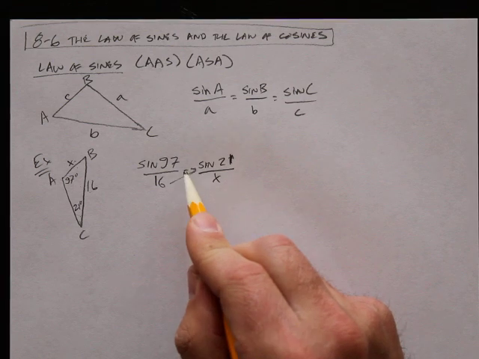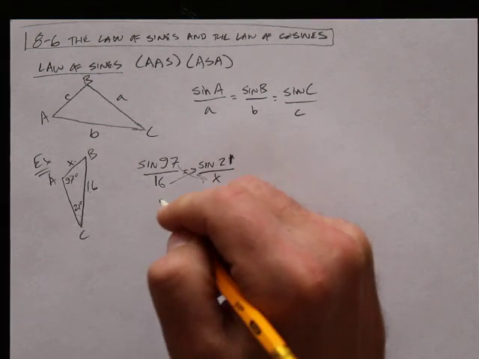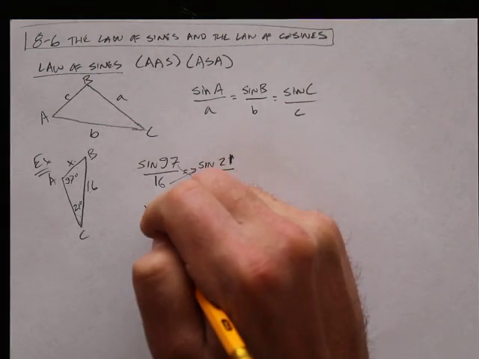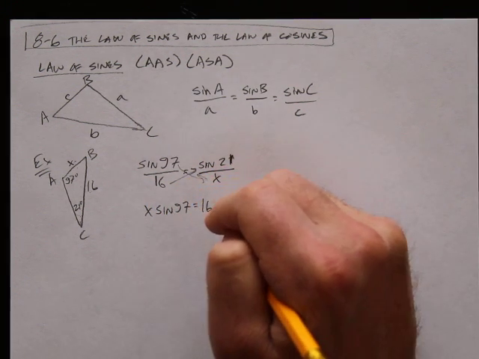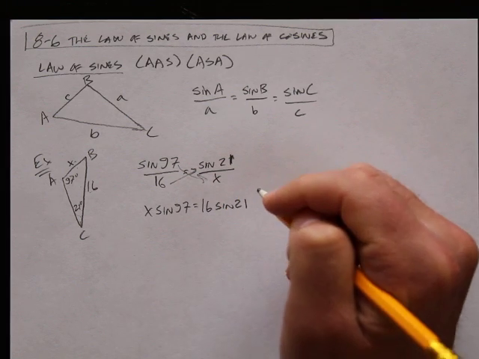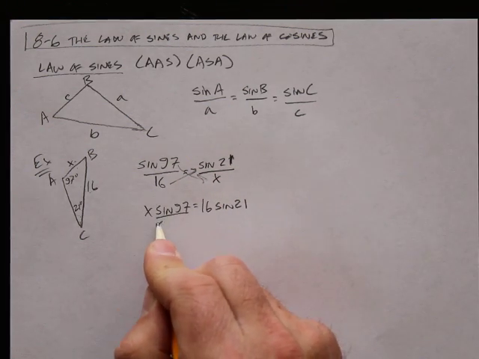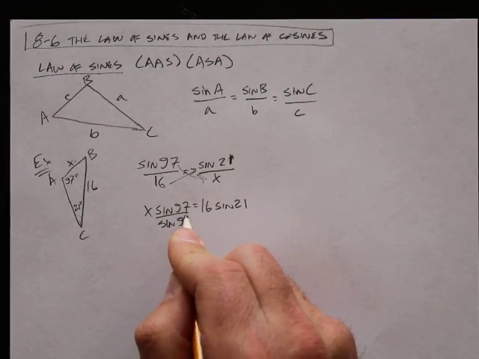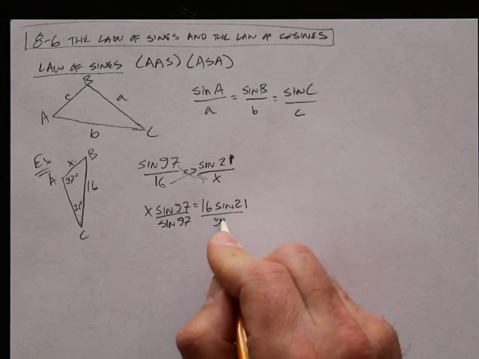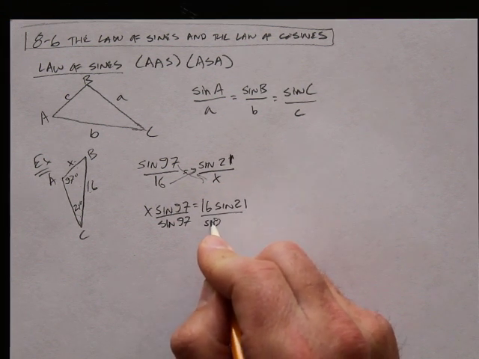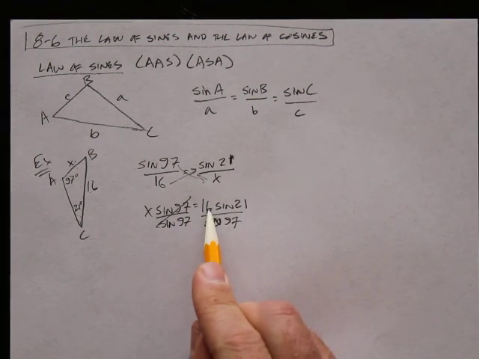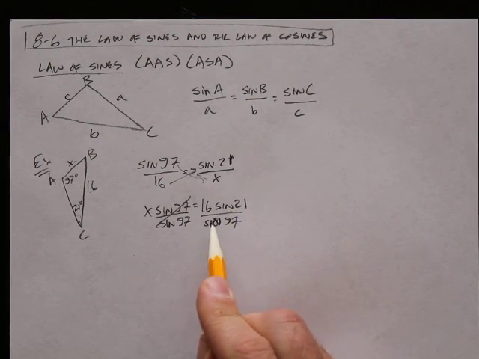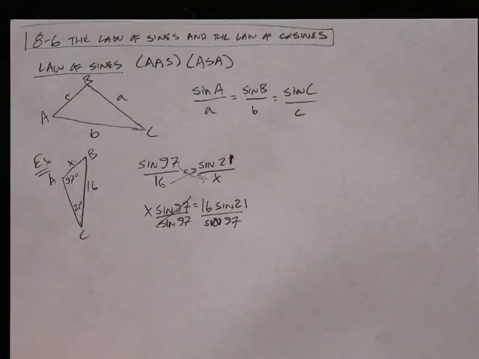So I do cross products here. X times sine of 97 equals 16 times the sine of 21. Divide both sides by the sine of 97, and those go away. So now x equals 16 times the sine of 21 divided by the sine of 97.